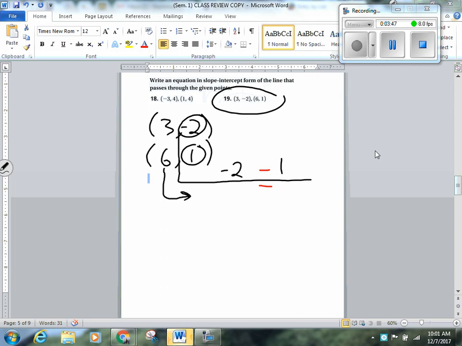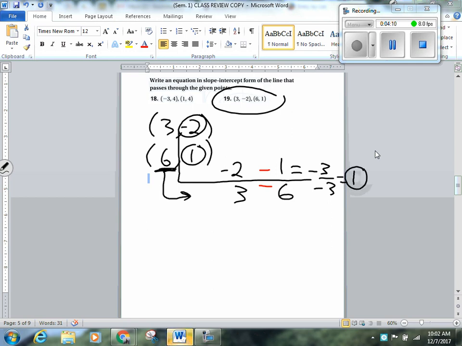These numbers go right here. 3 minus 6. -2 minus 1 is -3. 3 minus 6 is -3. Negative over negative is a positive. If I put that in my calculator, I get 1 as my slope.